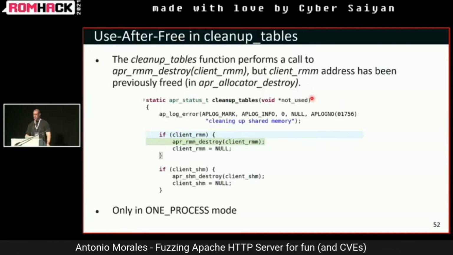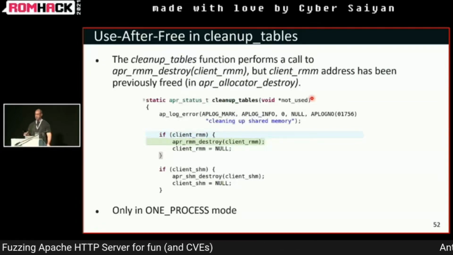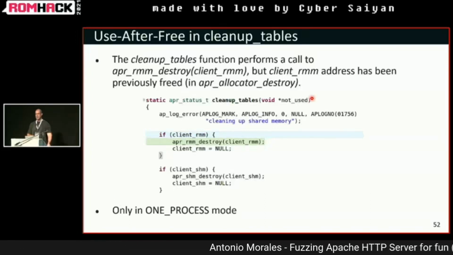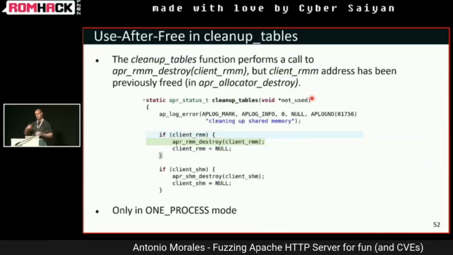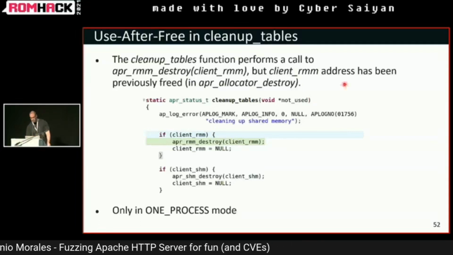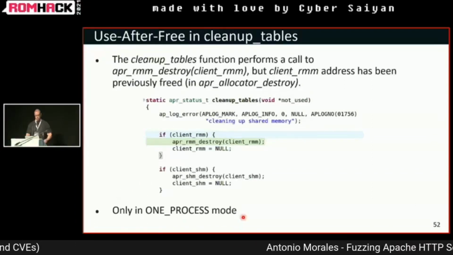So when we try to access an address that is no longer valid, it will lead to a use after free, or in this case, sometimes a use after free and some other times a double free. It's important to mention that this vulnerability can only be triggered in the one process mode.